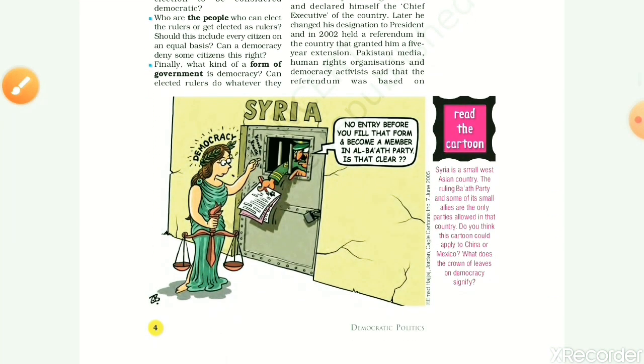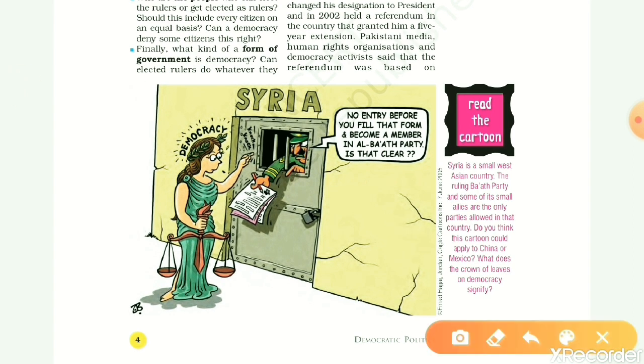And here is a cartoon, and this cartoon is going to show the condition of Syria. Syria is a small West Asian country, and there is a ruling party, the Al-Baath party. If you want to do anything political in this country, you have to take permission from that Al-Baath party.